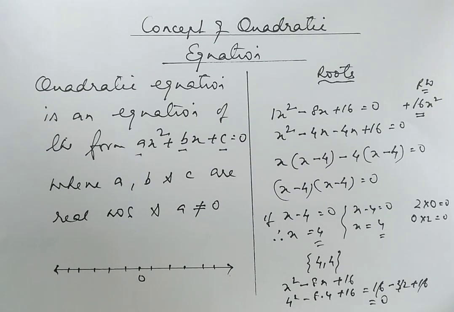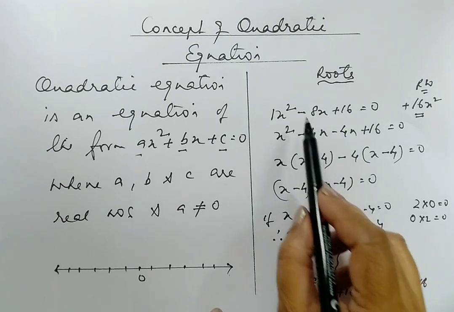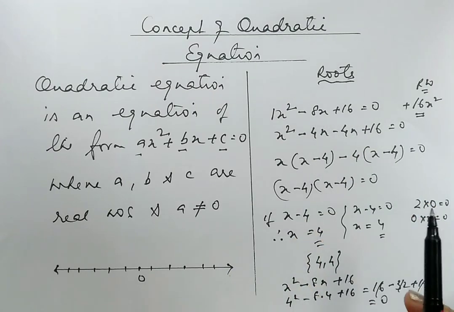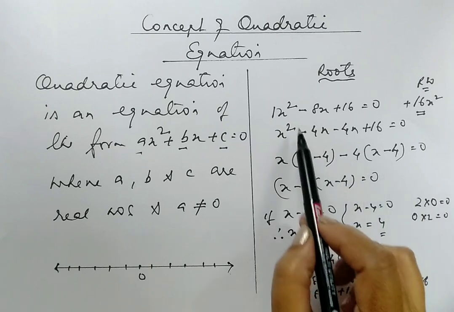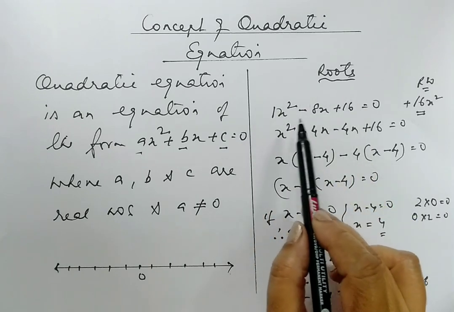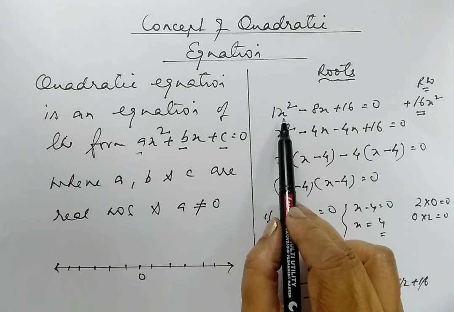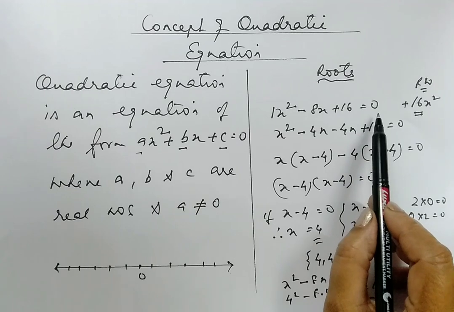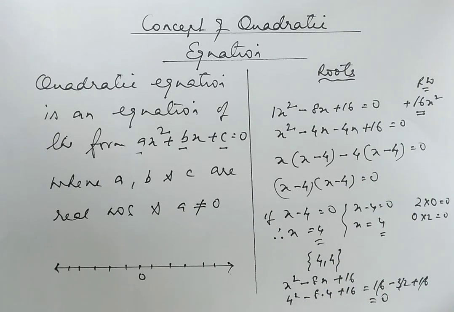Don't we? Which means that this value of x has satisfied the equation. Satisfied in the sense that the left hand side, using 4 as a value for x, gives me 0, which is there on the right hand side. And this is what we do to find out the roots.